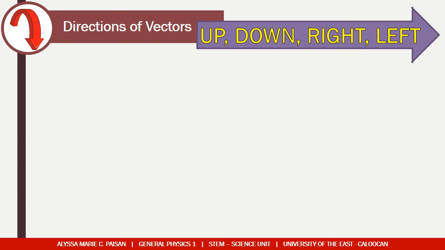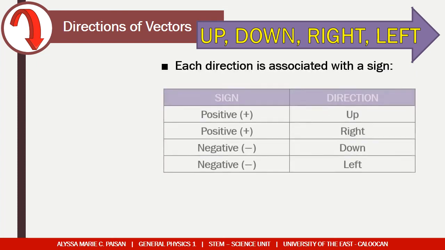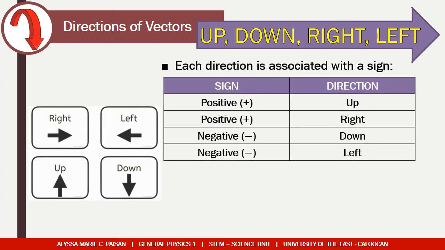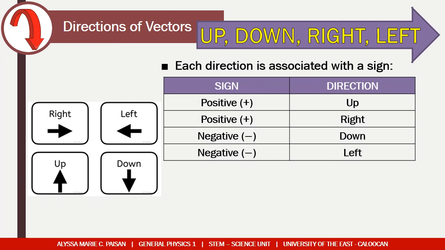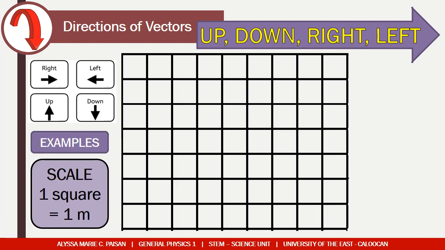We can express it that way. And it's just like northeast, southwest. The up and the right will have the associated signs of positive. Sorry, the down and left will be associated with the negative sign.